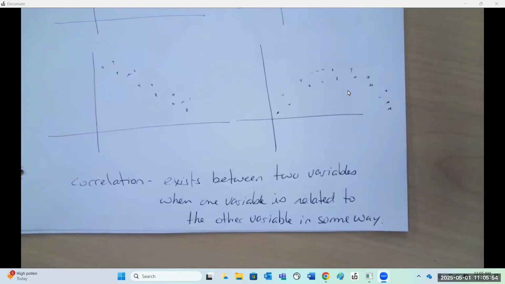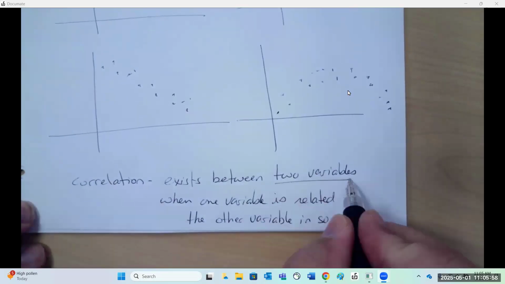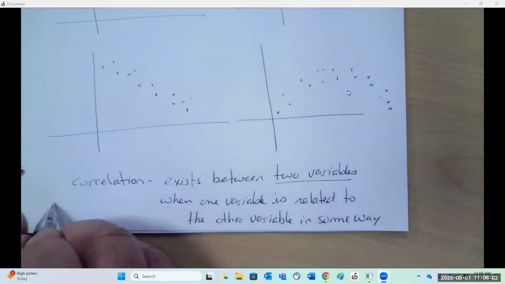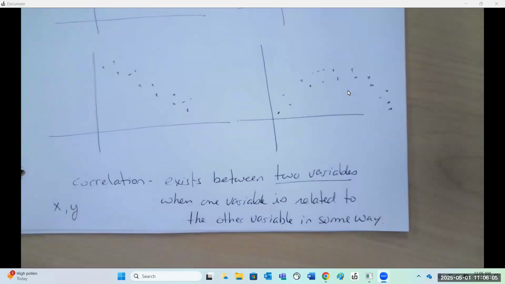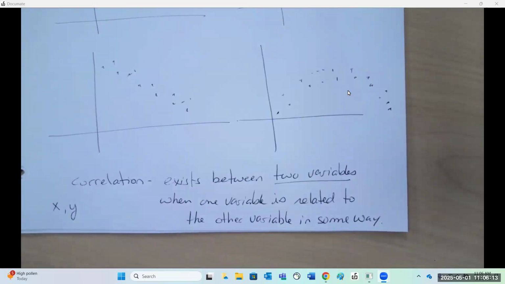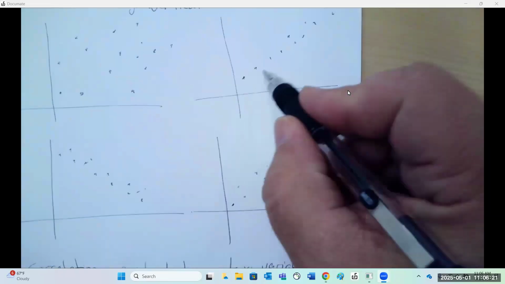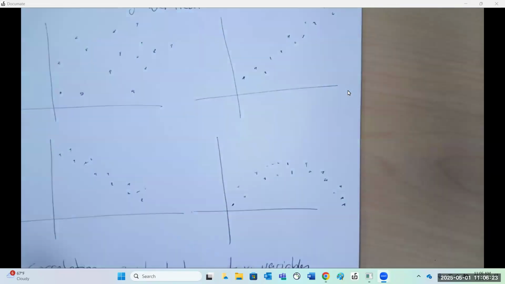Okay, here in this definition, we use the word variable. We have two variables. What are our two variables? Our two variables are x and y. What a correlation does is if there is a correlation between the x and y variables, then they're going to have a more uniform look to them.